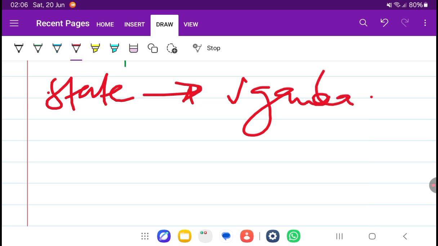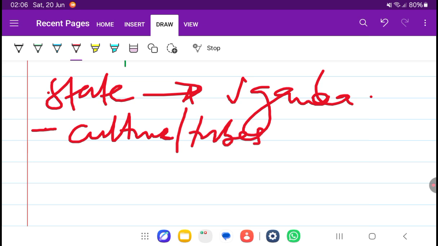And within Uganda, maybe you are trying to look at the different characteristics. Of course, we have culture. This would be one of the culture or tribes. This would be one of the distributing the attributes or the characteristics of the people who are living in Uganda.